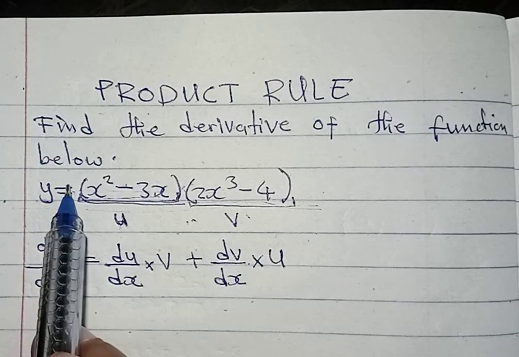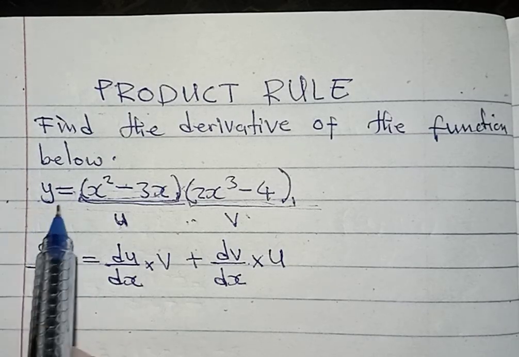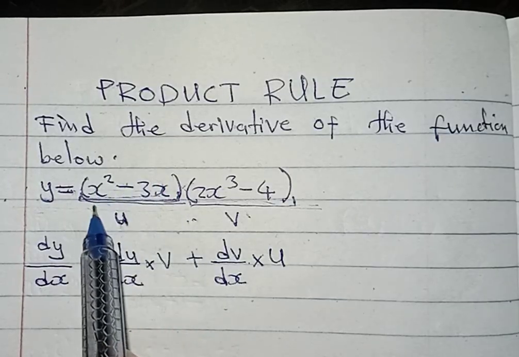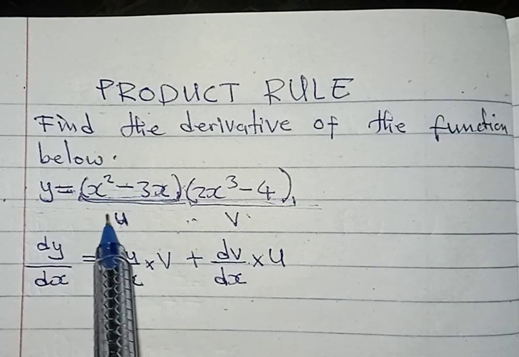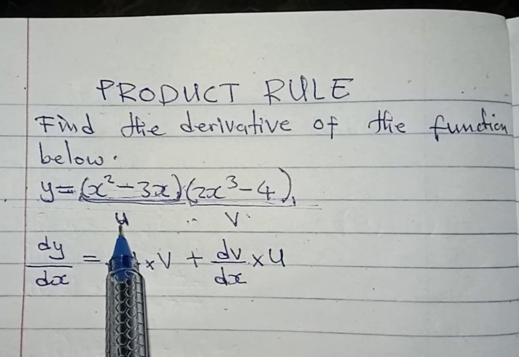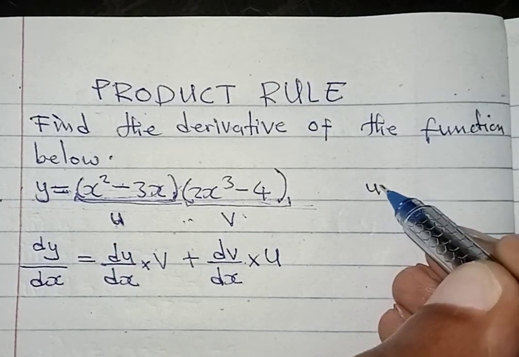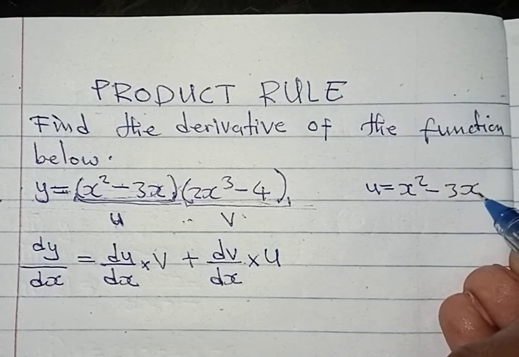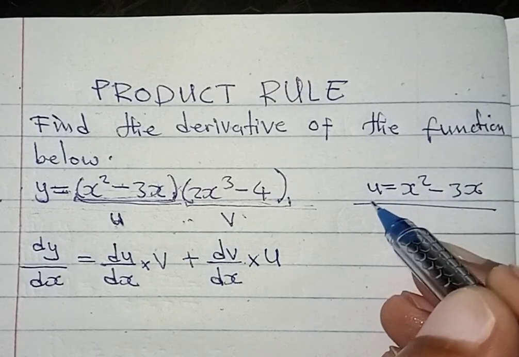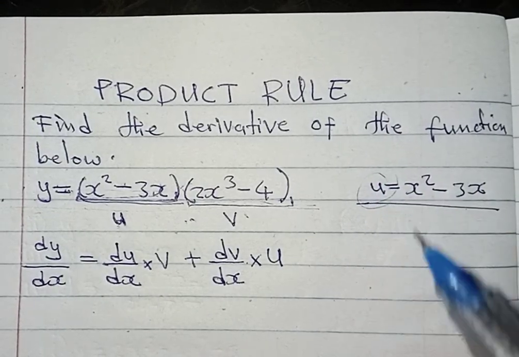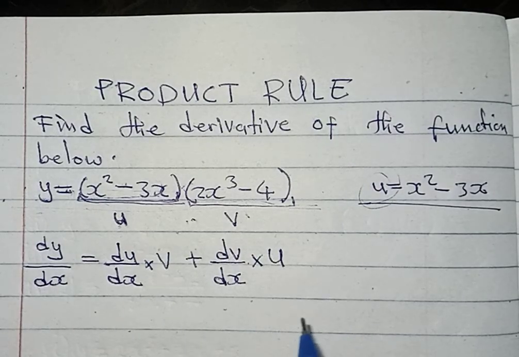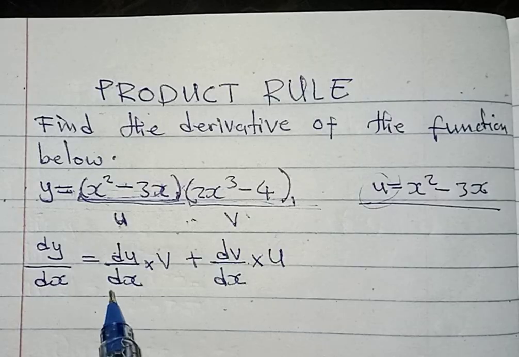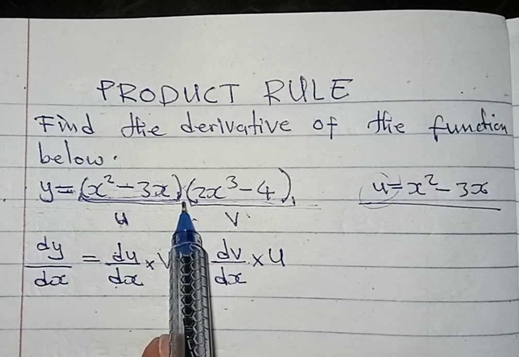So to find the derivative of this whole function y, we have to differentiate this first part of the function. This function is known as u. You can actually write it as u is equal to x squared minus 3x, like that. So this function is given in terms of u. That is why we are saying for this first function, du dx, differentiating this function.